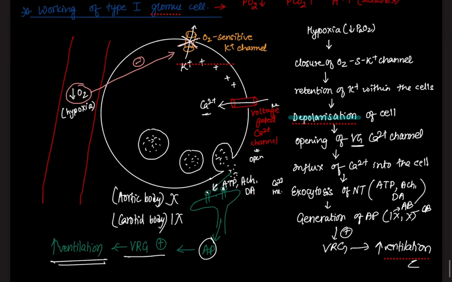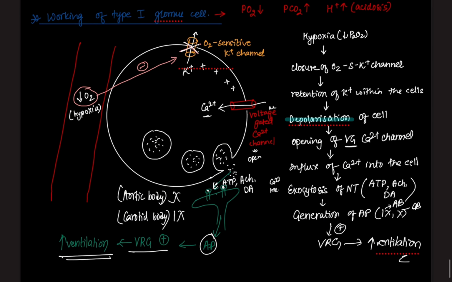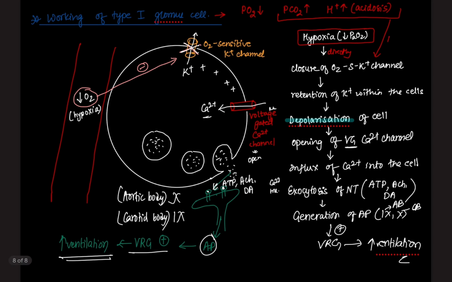So this is all about the working of the type 1 glomus cell. Remember that hypoxia is the direct stimulus for hyperventilation, as it directly influences the closure of oxygen sensitive potassium channels. Even these two signals, the increase in CO2 and the increase in H plus, also cause the closure of oxygen sensitive potassium channels, but by some indirect method.